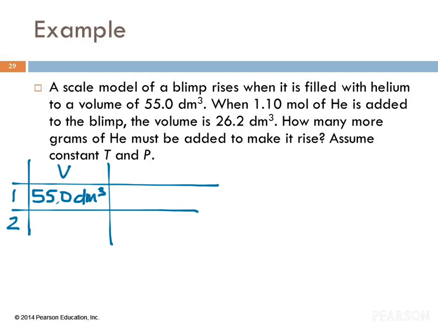That's a volume. And we have 1.10 moles of helium is going to give it a volume of 26.2 cubic decimeters. This would be N, the number of moles of gas.